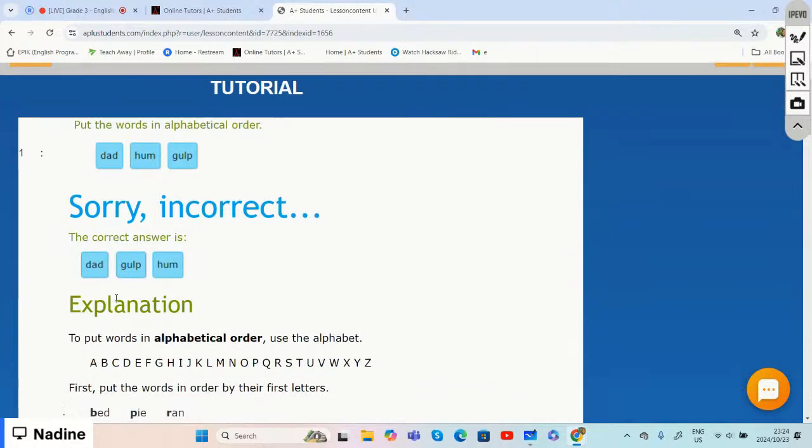Here it says to put the first words in alphabetical order. We have dad, hum, and gulp. We need to put these words in alphabetical order. Which one goes first? We have dad, we have hum, and we have gulp.